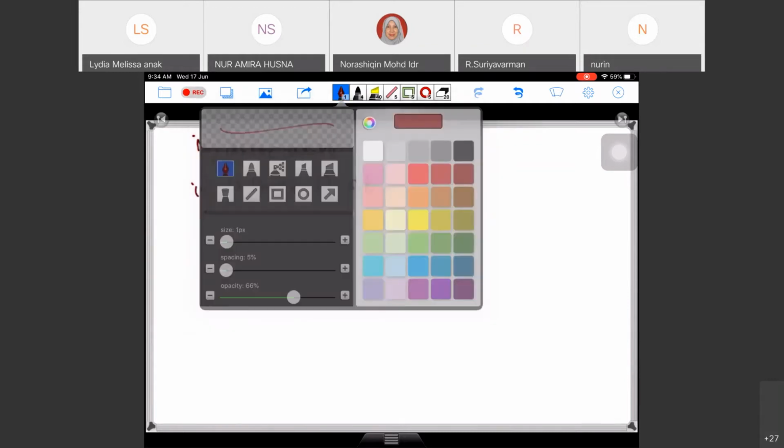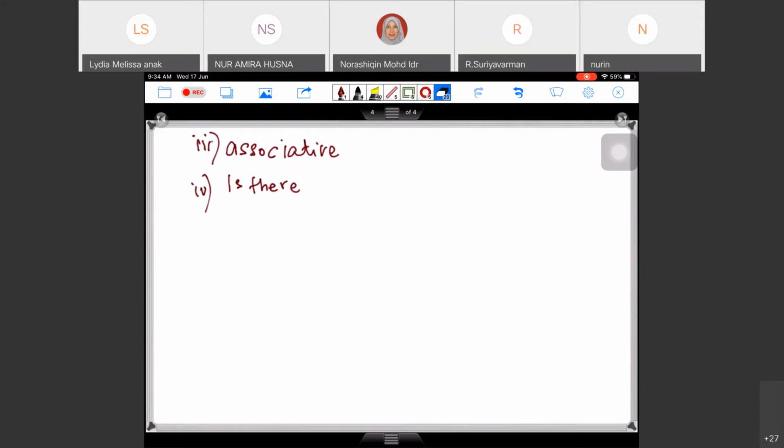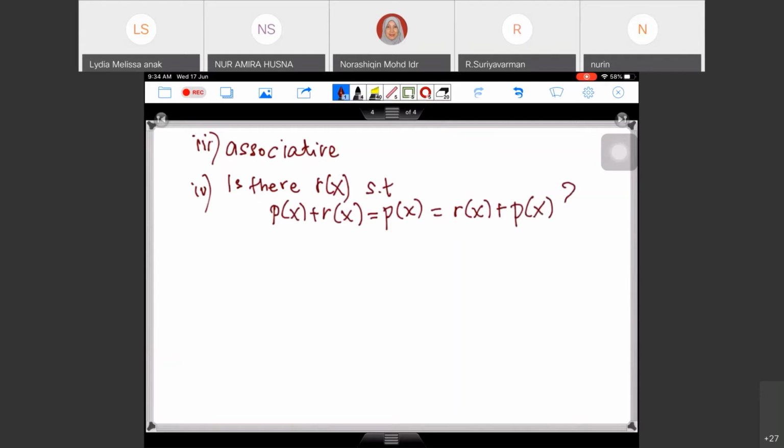Is there an Rx, polynomial of degree n, such that Px plus Rx equals Px, and Rx plus Px equals Px? If there is, this shows that Rx is the identity in addition for the polynomials of degree n.